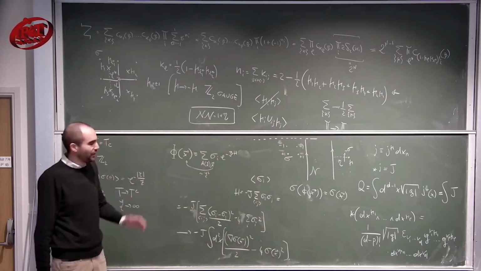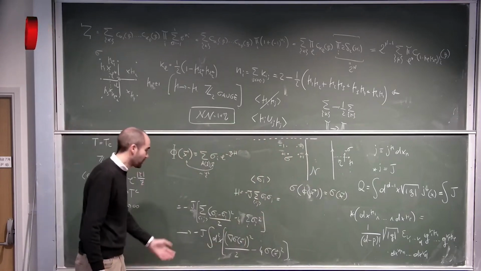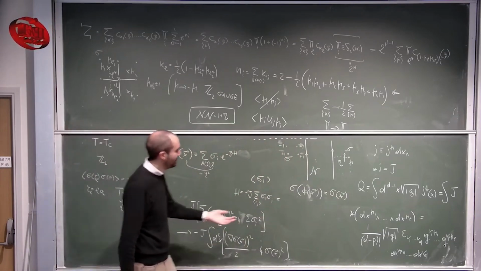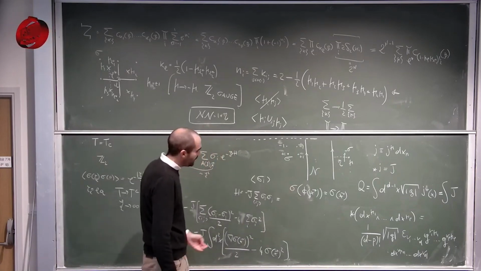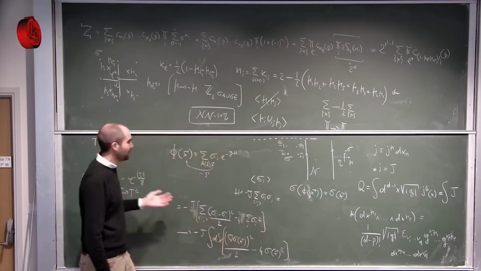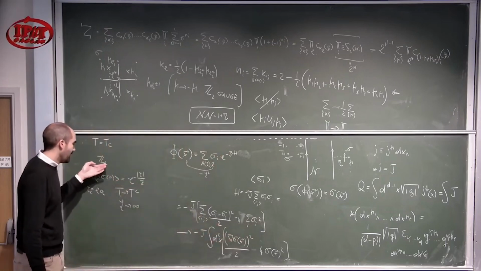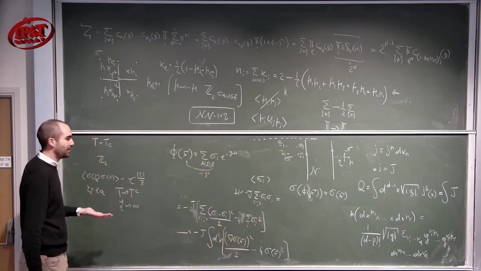But I don't really need to do it. I can just expand sigma as a function of phi in the lowest order terms that allow me to describe the phase transition and are consistent with the symmetries of the theory.